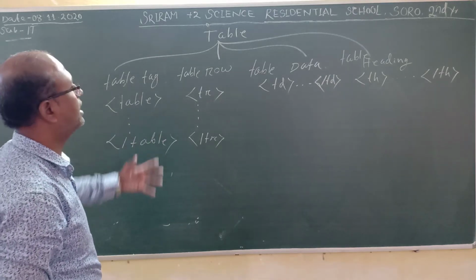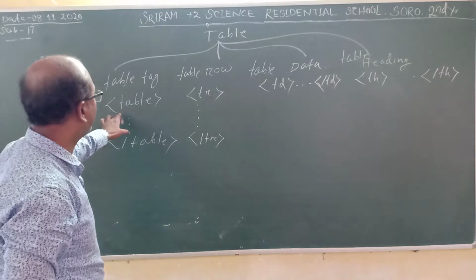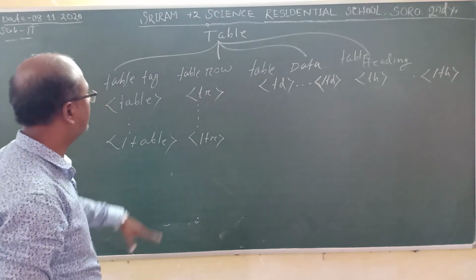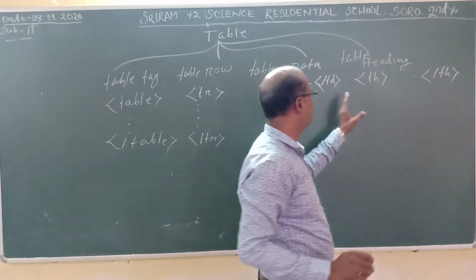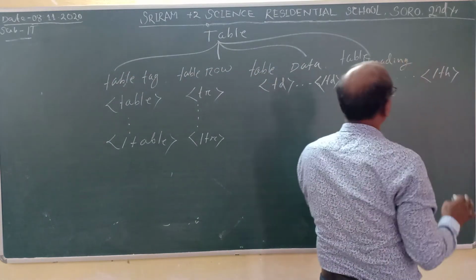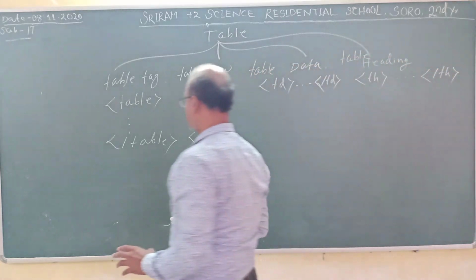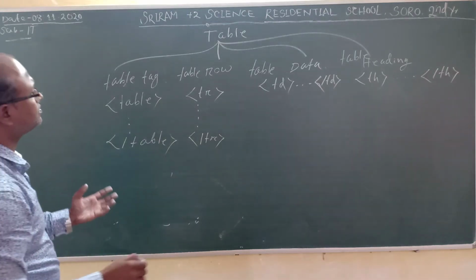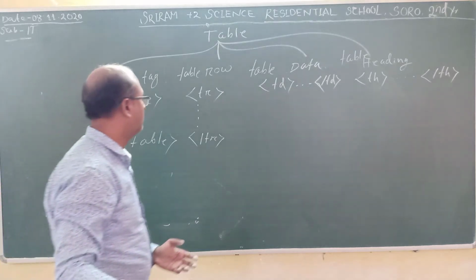Table and slash table is one pair, tr and slash tr is another pair, td and slash td is also a pair, and th and slash th are in pair format. Clear? Using this kind of tags, we can create an HTML table.